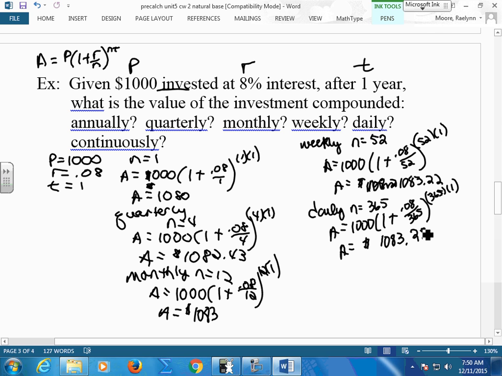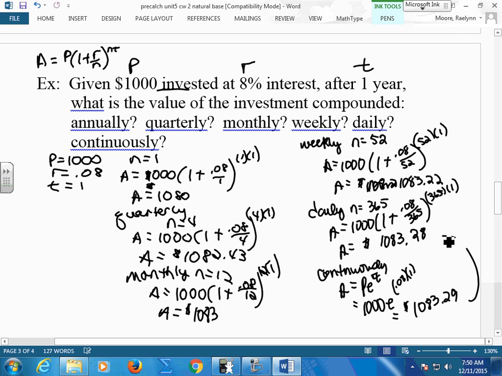And lastly, we have continuously. Continuously is per: your principal, base E raised to your rate, 0.08 times your time, which was 1. This one you'll see the largest growth in. But like I said, look how close it is to your daily. It's pretty close to your daily.